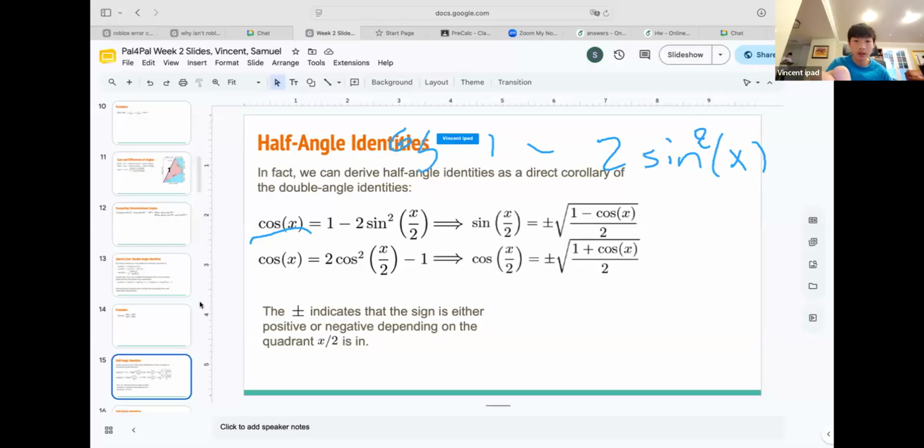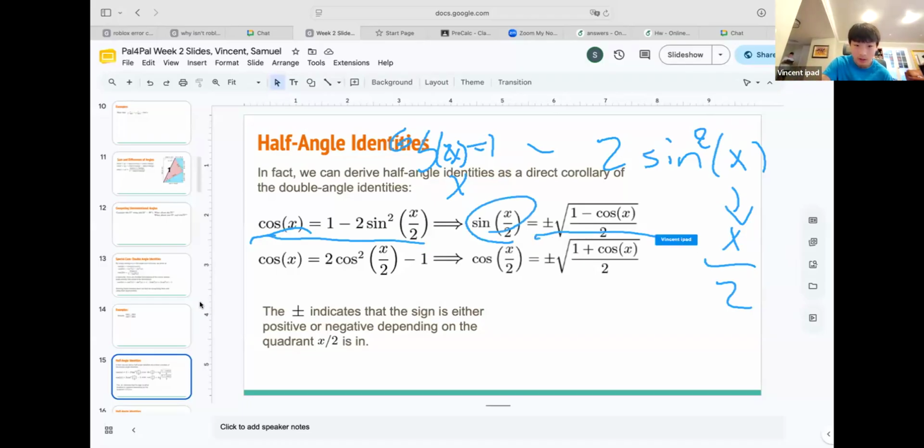Cosine of 2x is equal to 1 minus 2 sine squared x. So if we turn this into an x over 2, then this is x, so cos x is equal to this. Isolate sine x over 2, and you get this expression. Same for cos x. Yeah, okay.